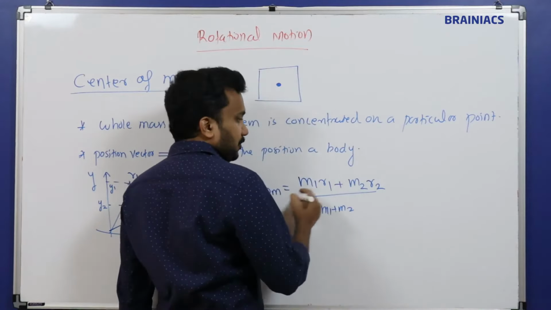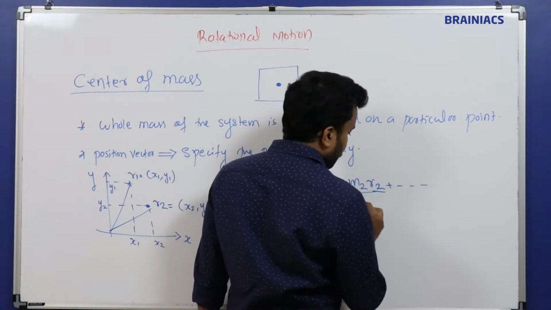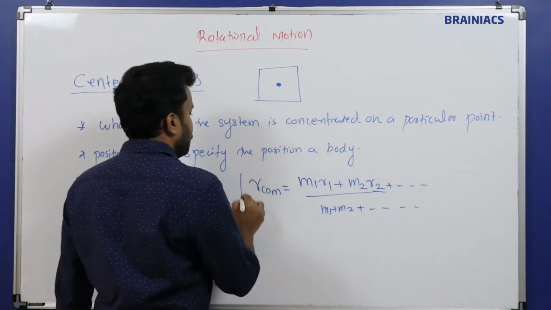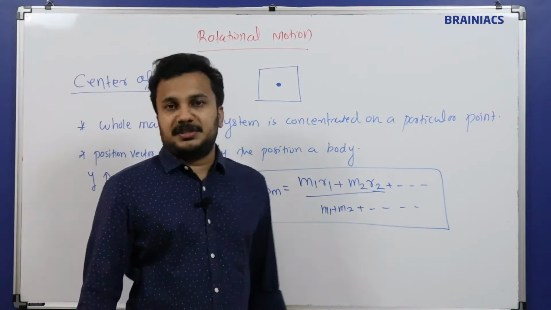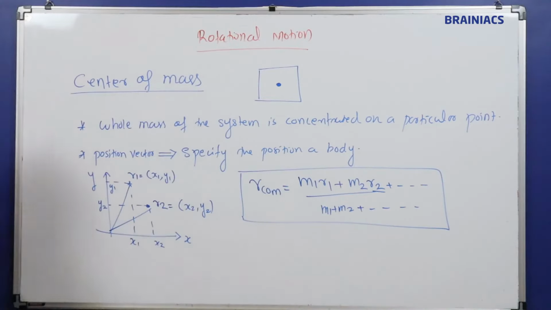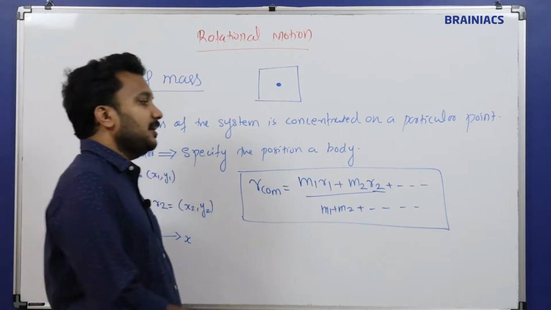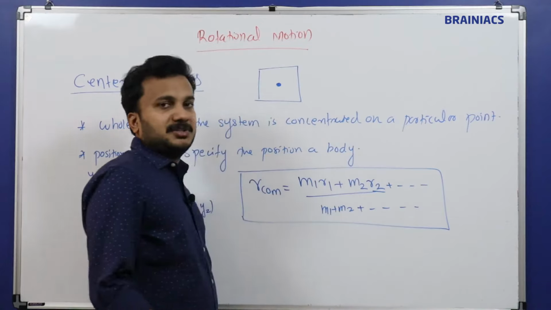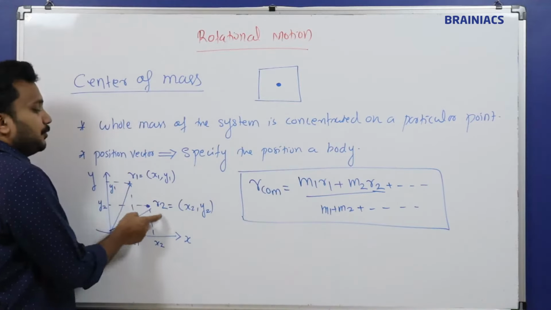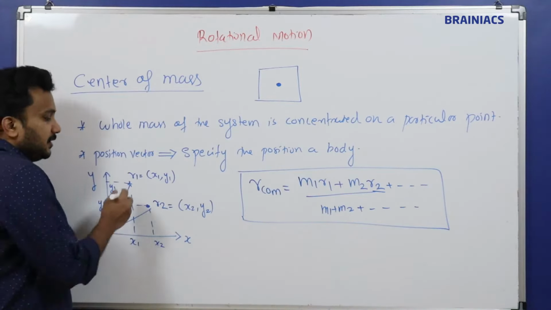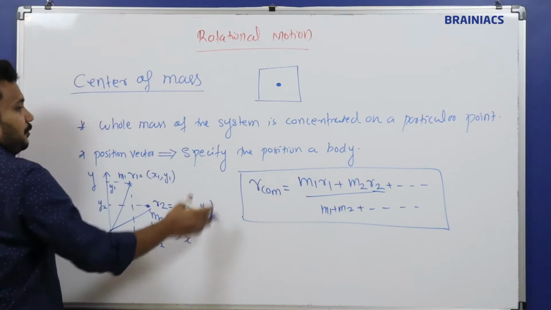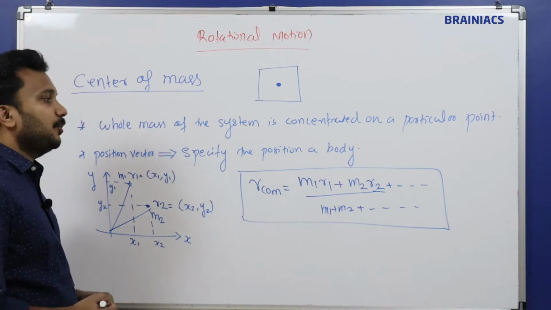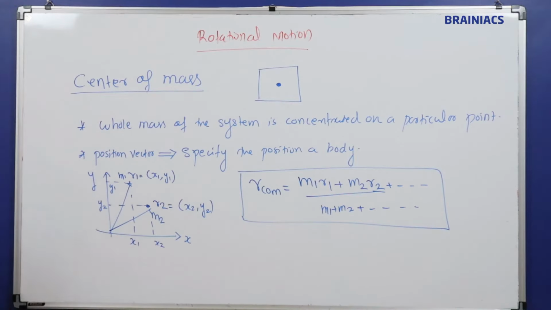This formula is the primary key point on this topic. It is not limited to two masses; it can be extended to any masses and position vectors: m1 r1 plus m2 r2 plus m3 r3 and so on, and in the denominator m1 plus m2 plus m3 and so on. In this example we have two bodies with masses m1 and m2, so we use m1 r1 plus m2 r2 divided by m1 plus m2.